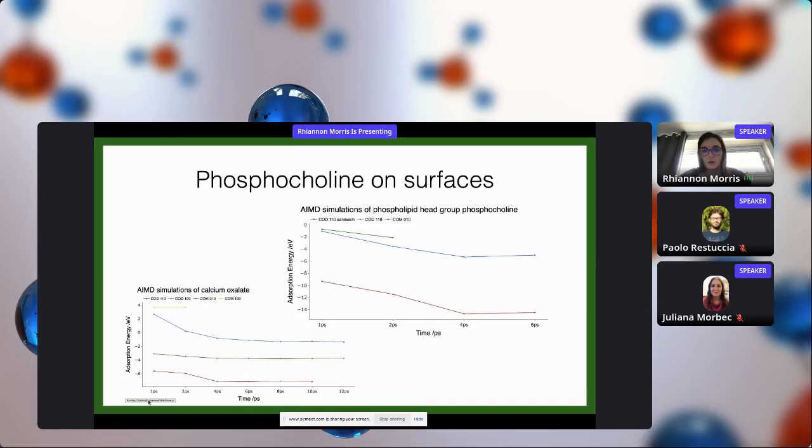So if you compare the phosphocholine absorbing onto COD110 in the blue with the red line in the calcium oxalate graph on the bottom left, we can see that it's actually more favorable for calcium oxalate to bind onto the COD110 than it is for the phosphocholine, as the calcium oxalate was binding with around a minus 7 electron volt absorption energy, whereas the phosphocholine bound only with about minus 6.